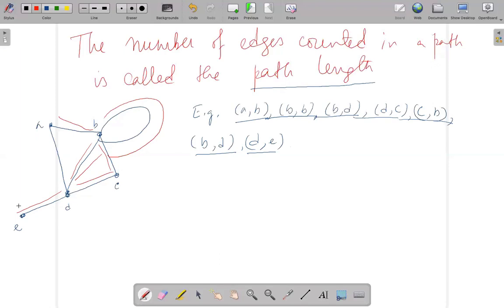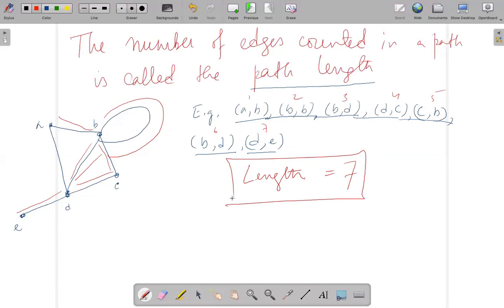Okay, and this path has length, number of edges 1, 2, 3, 4, 5, 6, 7. So this path has a length 7.